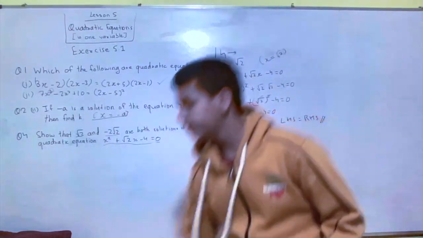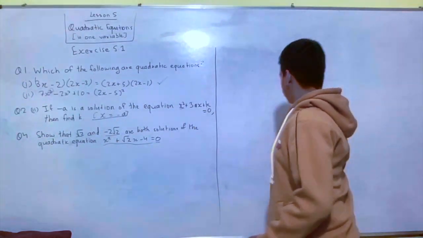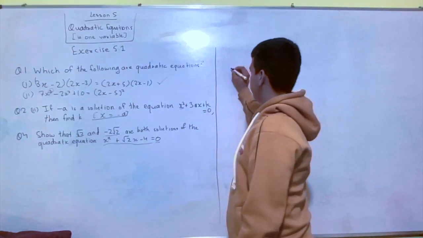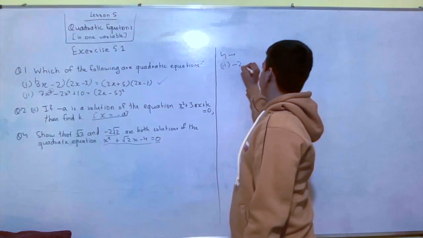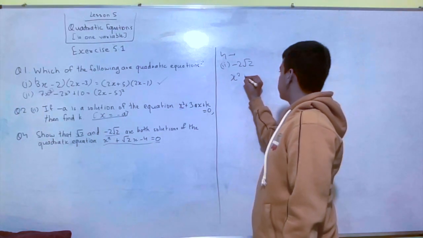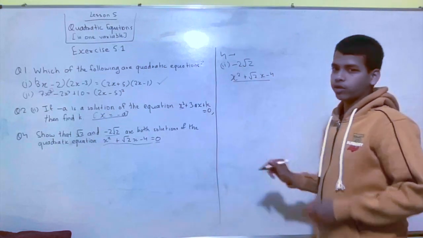But let's try with minus 2 root 2. The given equation is x square plus root 2x minus 4. So here we have to solve it.